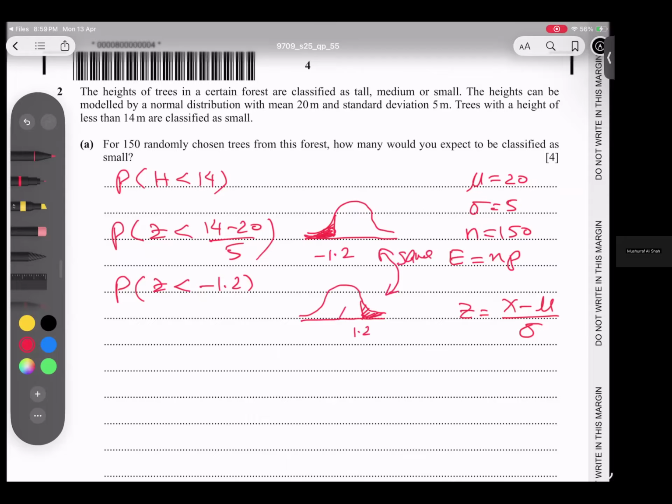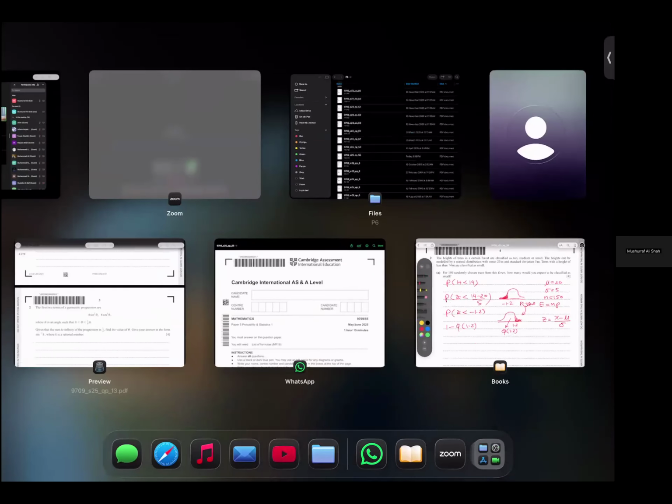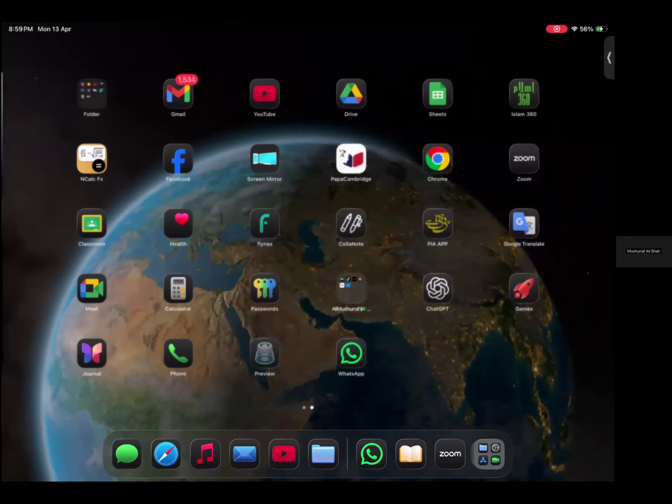But the white region we get from the table is phi of 1.2, and I'm looking for the reddish area, so 1 minus phi of 1.2. We have to check 1.2 from the table.